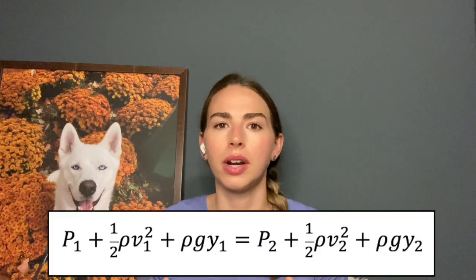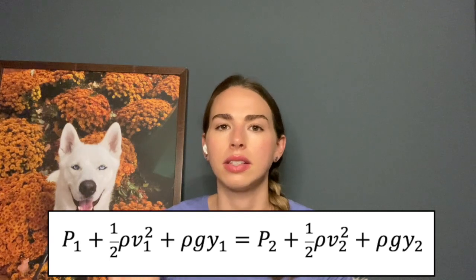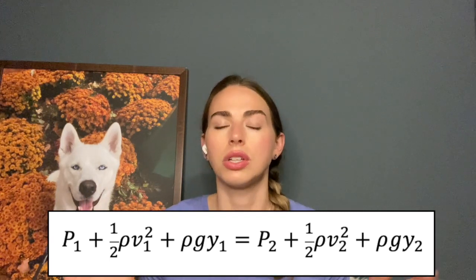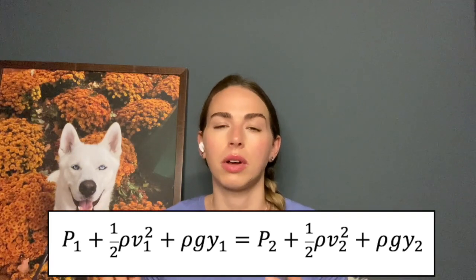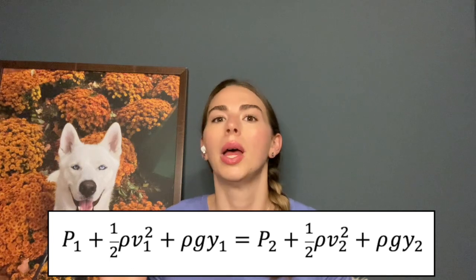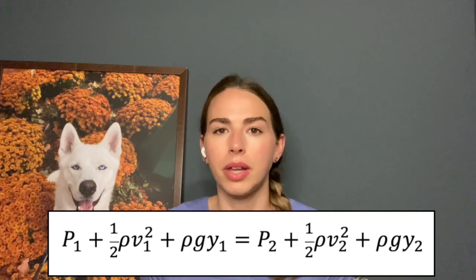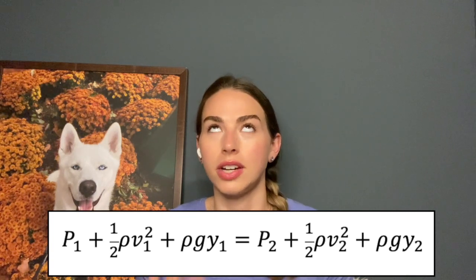When you do that, you get that pressure plus 1/2 density times velocity squared plus density times gravity times height is going to be constant. So again, we typically write that with subscripts of like P1 plus 1/2 rho V1 squared plus rho g y1 is equal to P2 plus 1/2 rho V2 squared plus rho g y2.